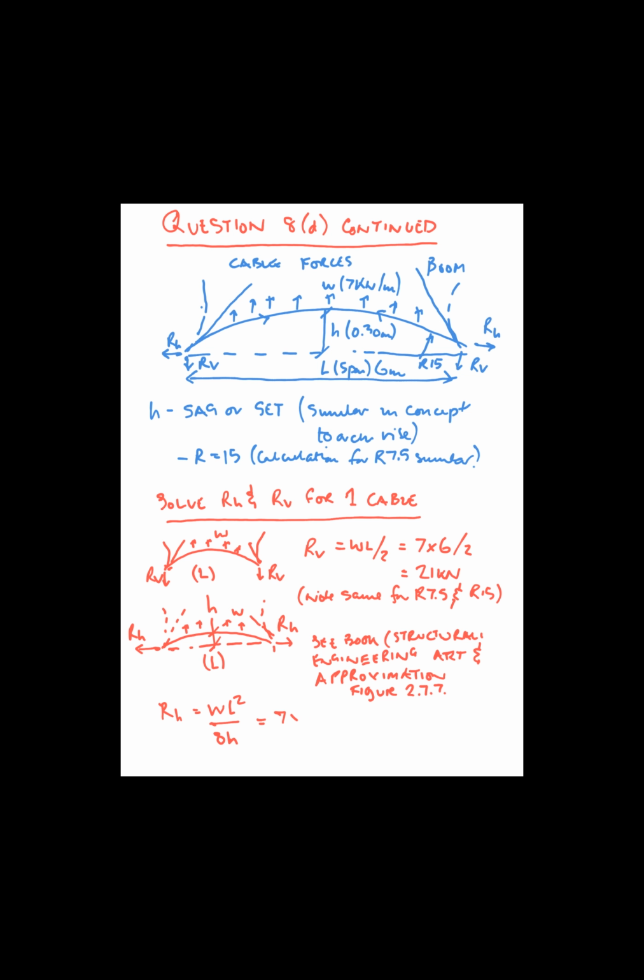WL squared over 8H is RH, so it's 7 times 6 squared over 8 times 0.3, which gives us 105 kilonewtons. So we've now found RV being 21 kilonewtons and RH 105 kilonewtons.